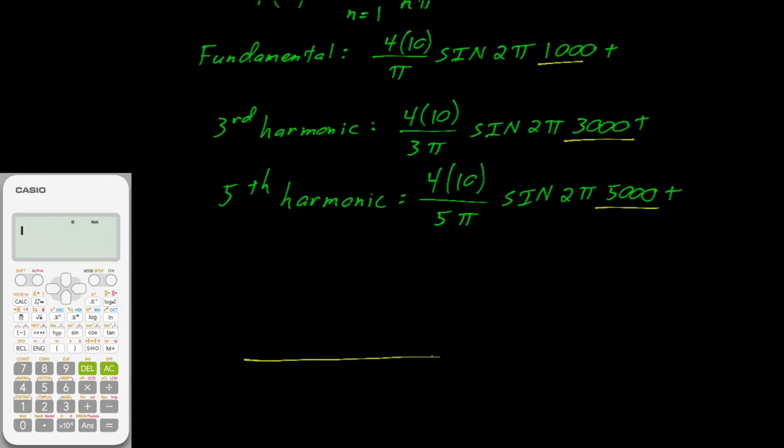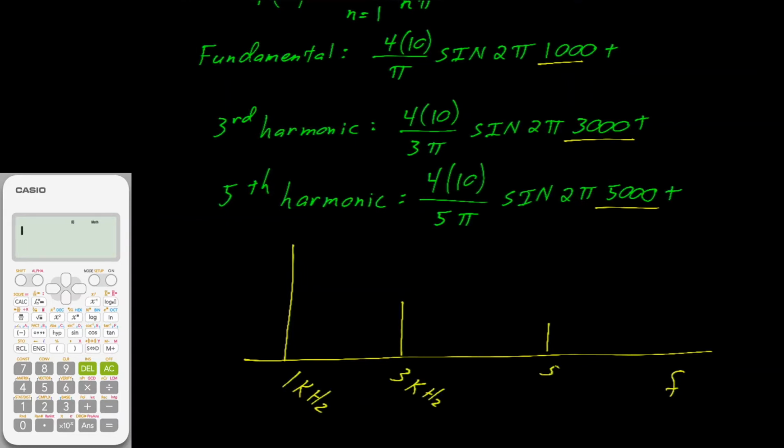If we were to sketch that in the frequency domain, we'll let this be the fundamental, the third, and the fifth. This would be 1 kHz, 3 kilohertz, and 5 kilohertz, with a peak, and we'll write it up here as 40 over pi. This would be 40 over 3 pi, and 40 over 5 pi.